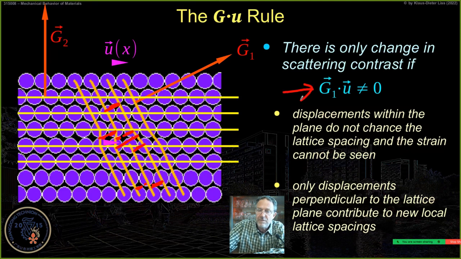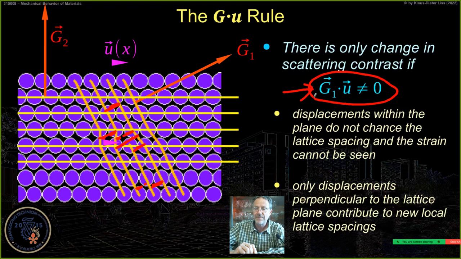So if g dot u is not 0, then I can see the local change of lattice plane spacings.